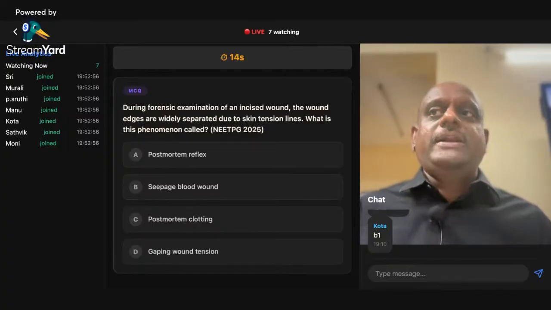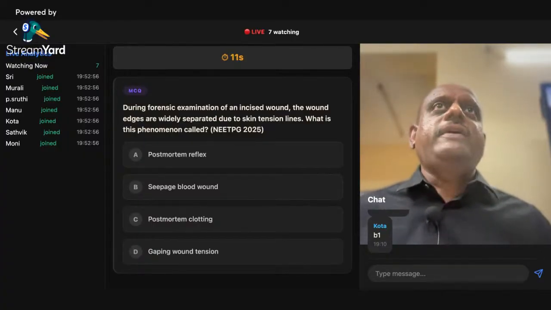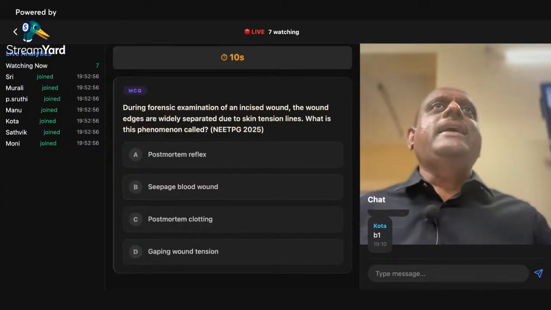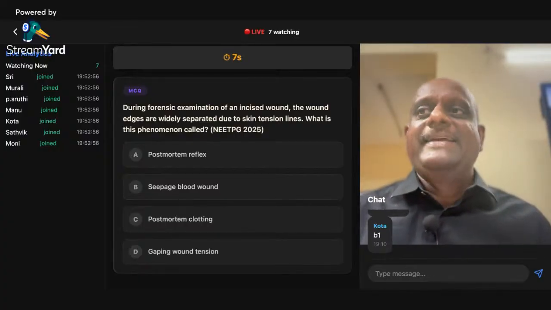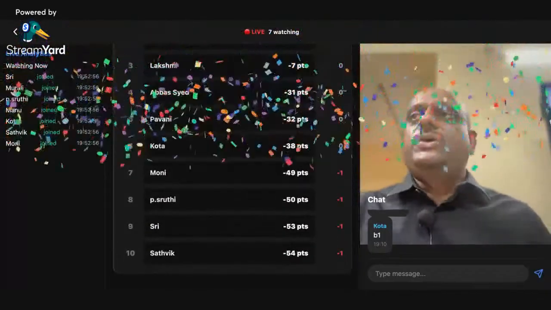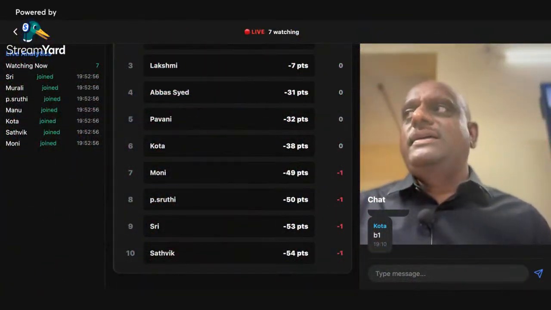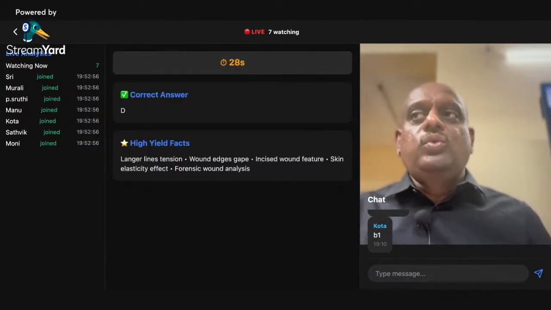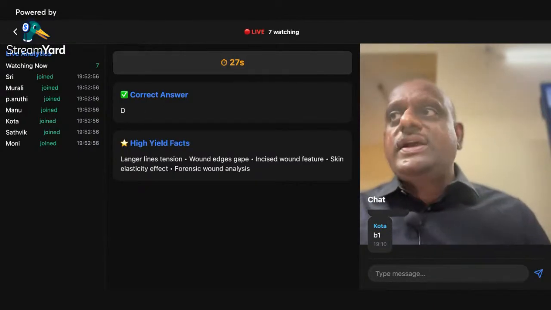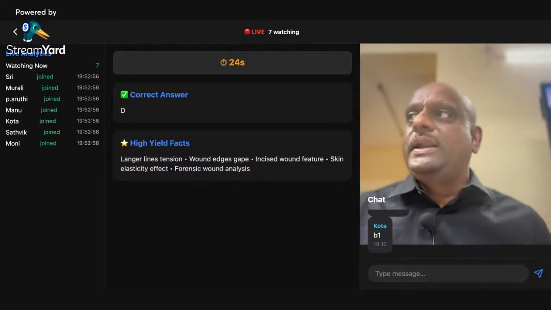It's a very simple application of English in forensic medicine. It is gaping of the wound. Langer's lines of tension, wound edges gape, an incised wound feature, is what you need to remember.